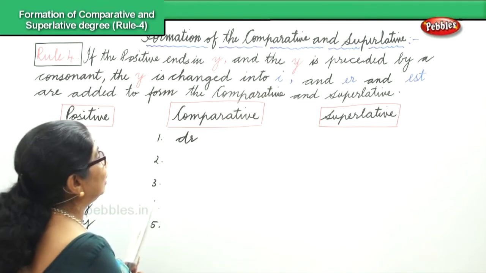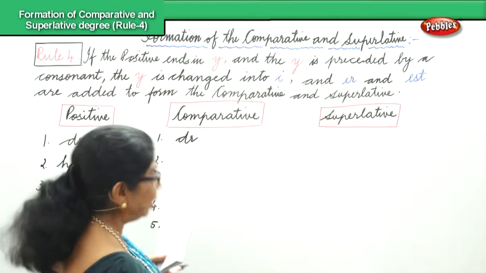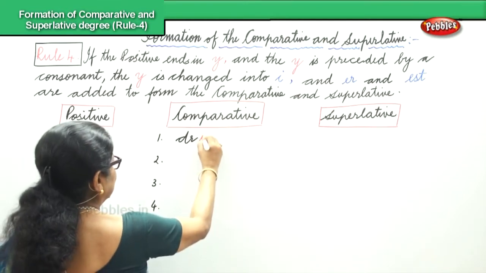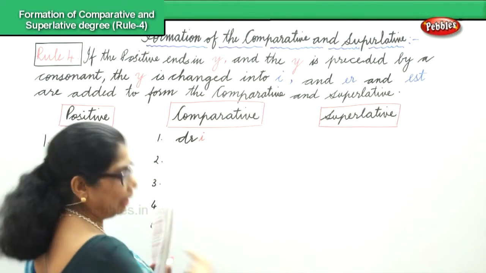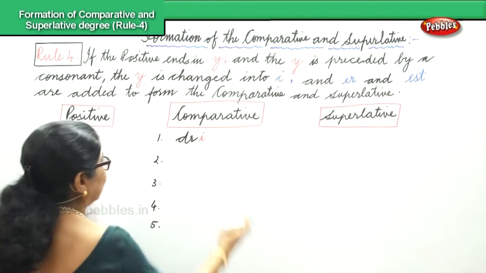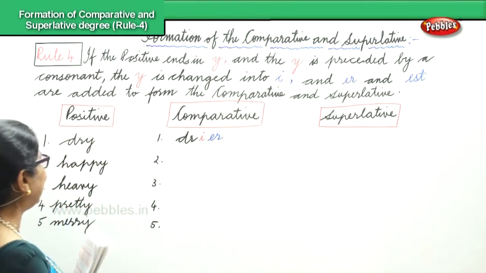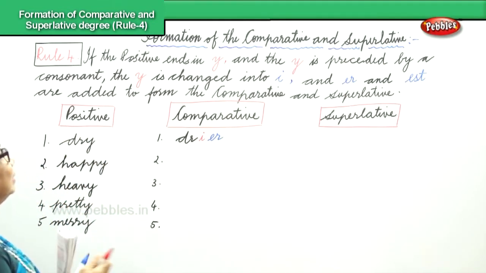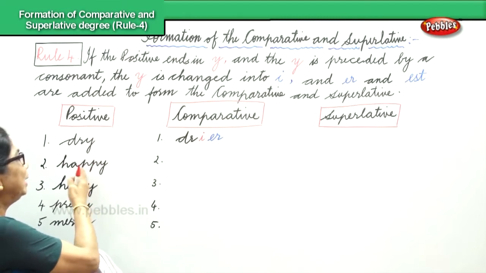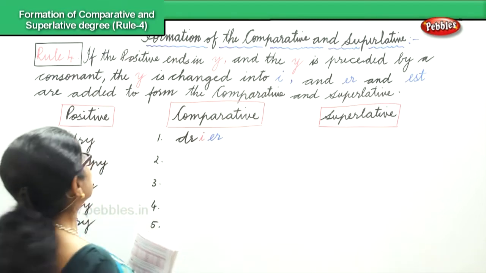Y is changed into I and you add ER. Dryer. Then happy. Again, the positive ends in Y preceded by a consonant.